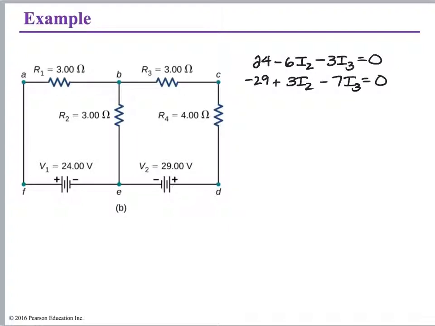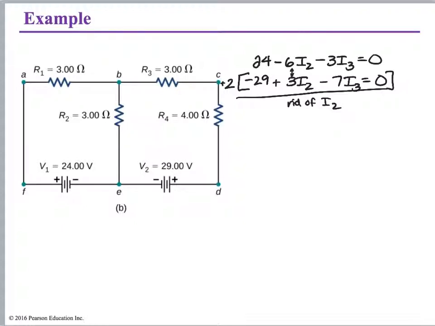Now, what I would like to do, I like to be able to combine, add or subtract these two equations, making the coefficient of one of my unknowns the same, so that then when I add or subtract them, I just get rid of that unknown. And I noticed that these are just simple multiples of each other, so that if I multiplied this bottom equation by 2, and then I added them, I would get rid of I2.